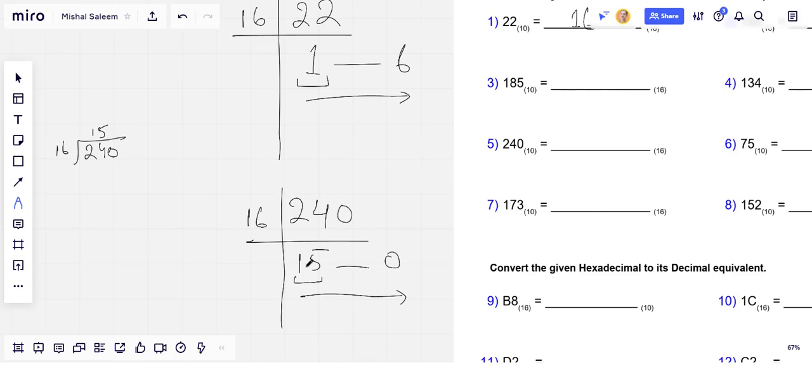Now remember, I cannot write 15, so for 15 there is F. So now I'm gonna write F0, F and 0. That's the hexadecimal form of 240. Now pause the video and practice the rest of the questions.